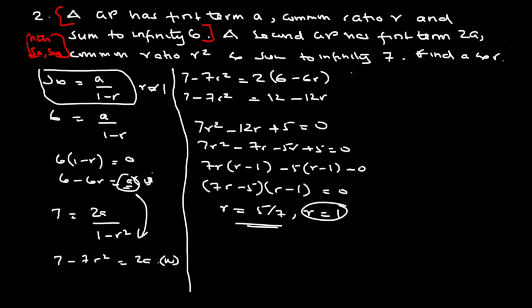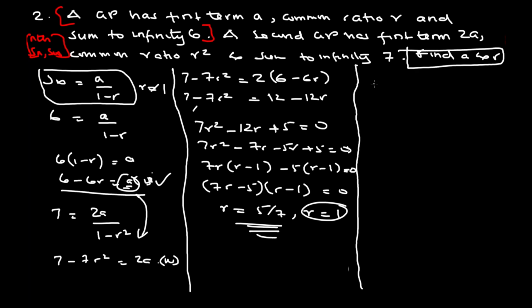Okay. So we found R. Now since we have the value of R, we're going to replace it into one of the equations. It's easier to replace it here. So we'll say 6 minus 6R is equal to A. Right?